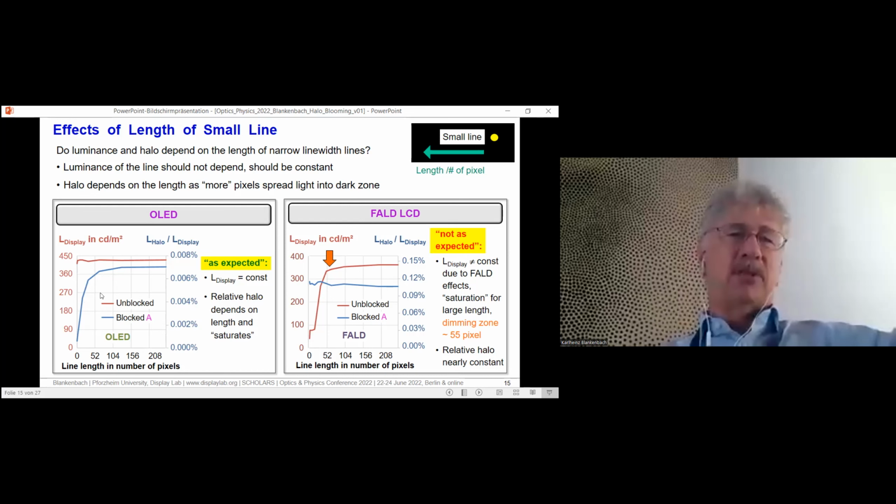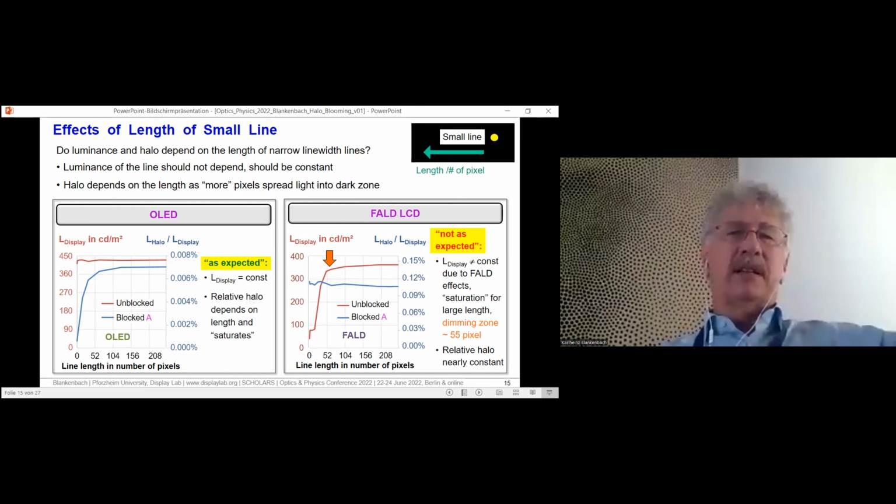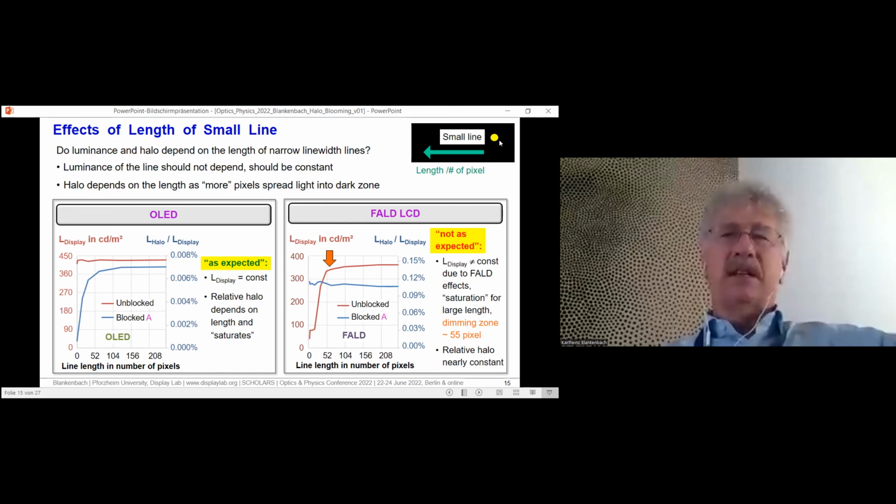That's what you're going to expect. The more pixels you have, the more halo you get. But due to the decay of the waveguide principle, at a certain amount, making the line longer doesn't affect the halo outside the area measured here, where the blue, yellow spot is.